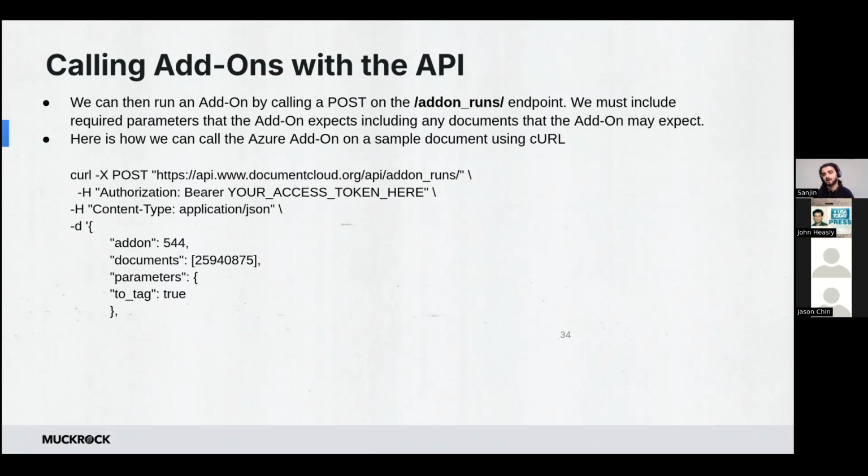To-tag is not required for the Azure add-on, but I specified it as true anyways. And then I also additionally pass dismissed is false. So I'm basically telling DocumentCloud, hey, this add-on run on the user account, show the add-on run.